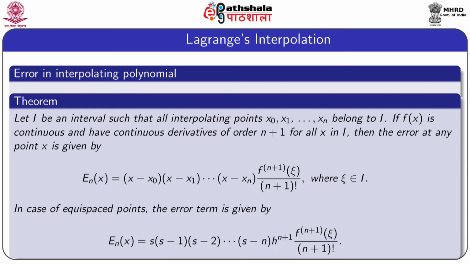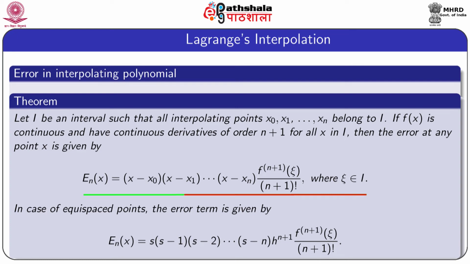This is a very powerful theorem. Here we assume that I is an interval such that all interpolating points, that means x0 to xn, are contained within the interval I, and if f(x) is continuous and has continuous derivatives of order up to n plus 1 for all x within the interval I, then the error at any point x is given by E_n(x) equal to (x minus x0)(x minus x1) up to (x minus xn).